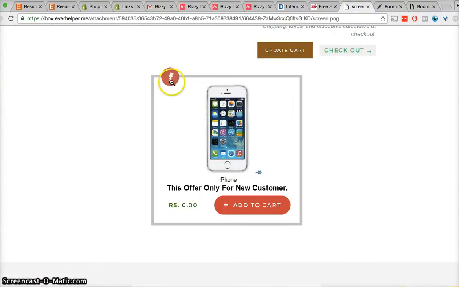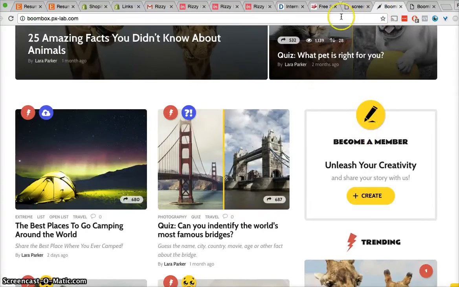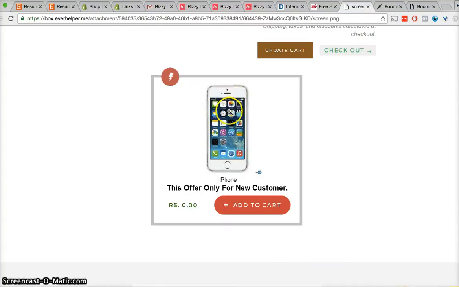Make this bigger, definitely to something like this size. Position the product image. You know what? I love it central. Actually, I love it central.